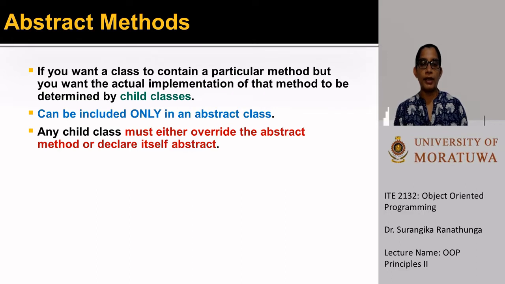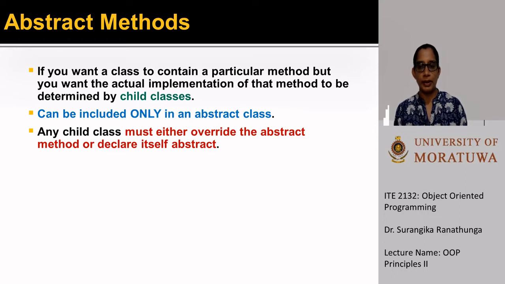So if a child class extends an abstract class that contains abstract methods, this child class must implement all these methods. Otherwise, the child class should also be declared as abstract. This is similar to the case of implementing interfaces. You will remember I told you that if a class implements an interface, all the methods in that interface, the abstract methods, must be implemented by the corresponding class.